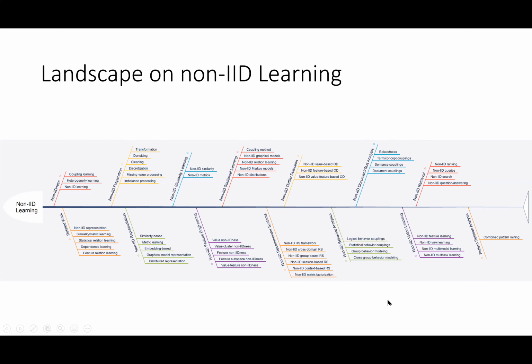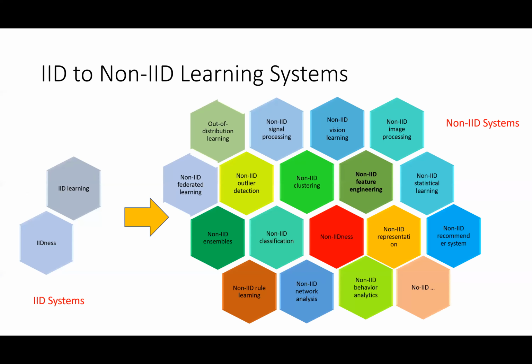So this is the non-IID thinking; non-IIDness may be held in all these areas or sub-areas, or algorithms in machine learning or the broader analytical learning family, right? And that's why I say this non-IID, if you think way beyond IID, goes to each specific area.